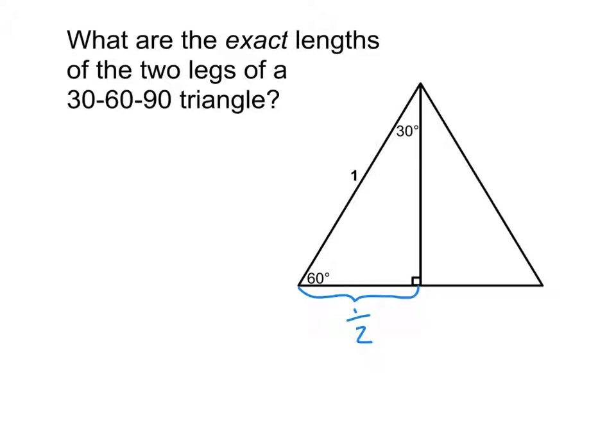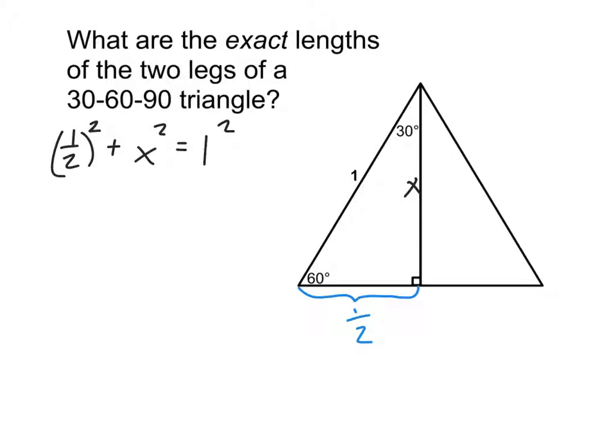Now, if I know that is a half, then I can find the height. I might call it x there. Because you'll notice I now have a right triangle and I know 2 of the sides, so I could use Pythagorean Theorem again. I could do 1/2 squared plus x squared equals 1 squared.